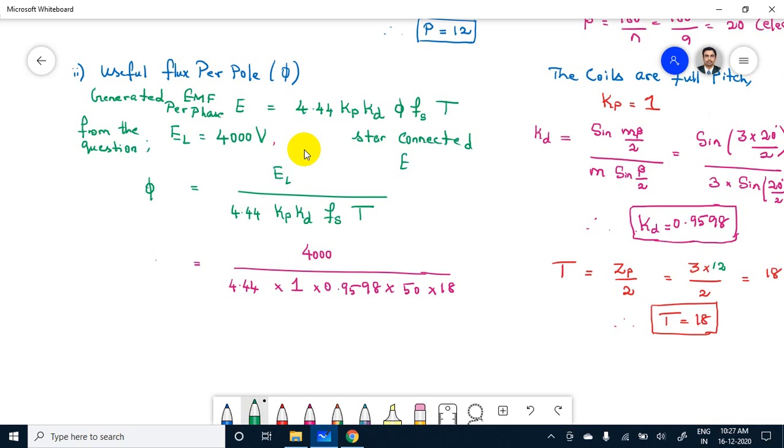But as per your question, it is star connected. Star connected, you know, line voltage EL equal to root 3 into E phase. So I can rewrite this formula: instead of E phase, I put EL divided by root 3. So here you have root 3 into 4.44.